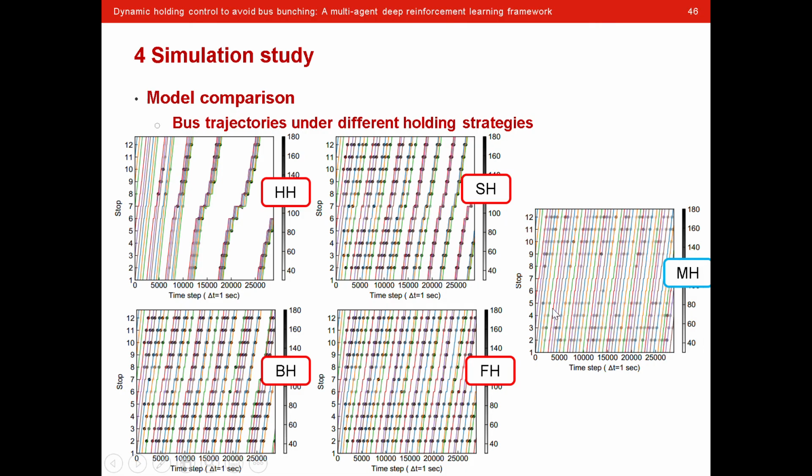Specifically, we can solve the bus bunching problem. As you can see, the headways among each trajectory are equalized, and what's more important is that the black dot means the location of holding control, and the darker the dot is, the longer the holding period there is.